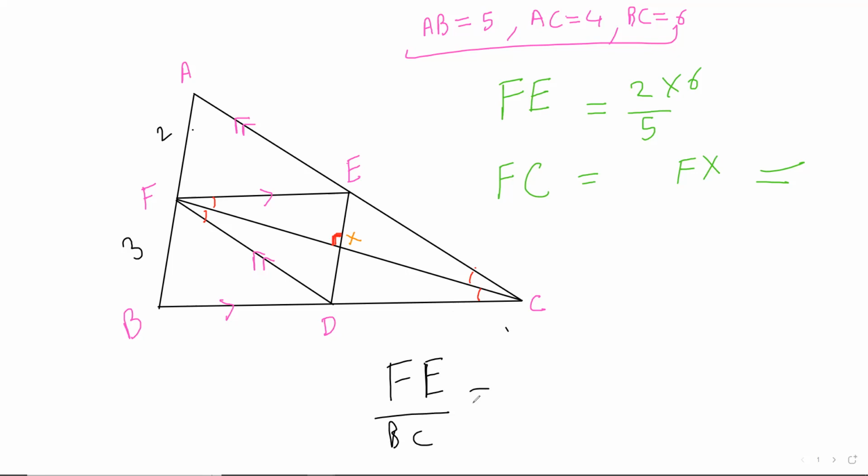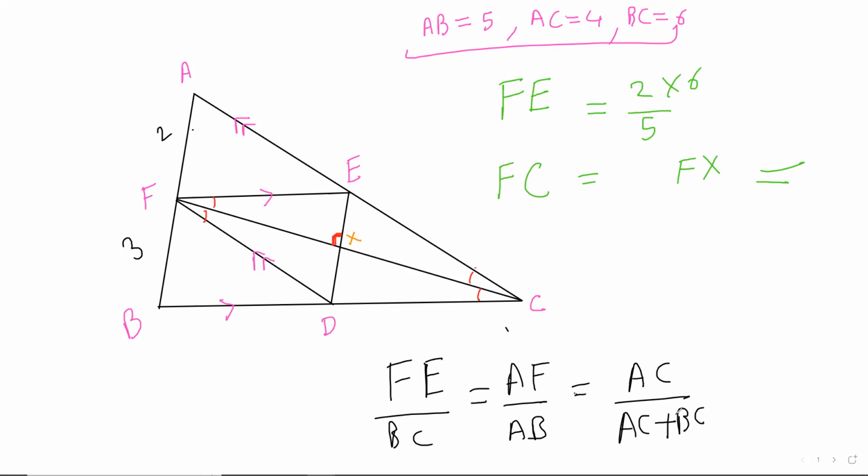FE by BC equals AF by AB, and AF by AB is AC by AC plus BC, because AF by FB is AC by BC. Those are trivial things.